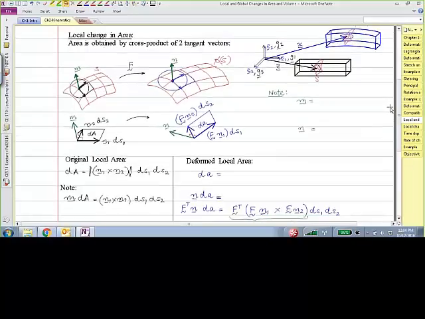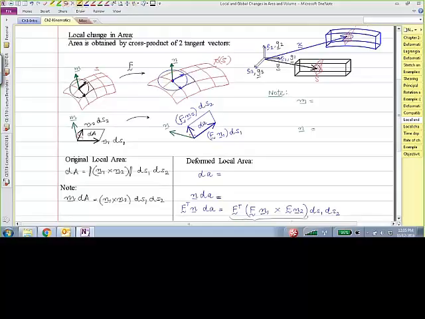So we did that this way, if you remember, that we can define a surface in terms of two parameters, let's say S1 and S2, and so we can come up with tangent vectors to curves that define the surface.